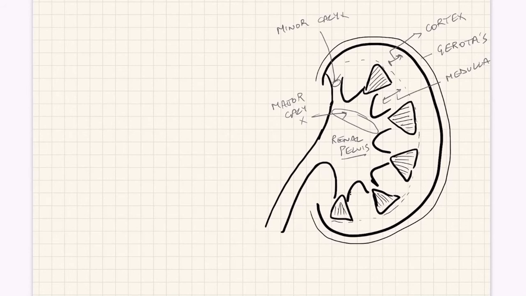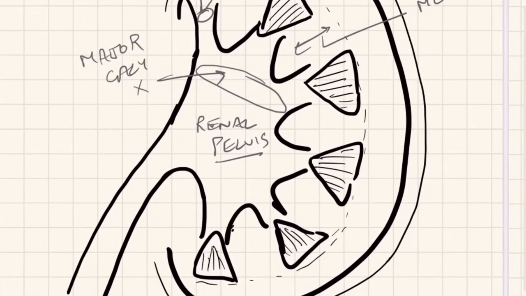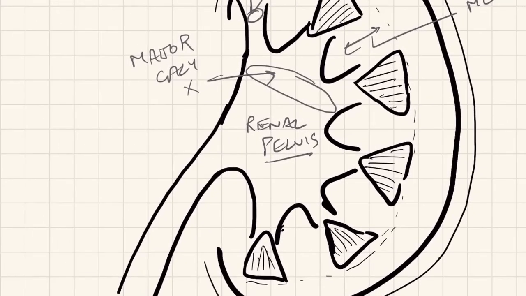Now one thing more, if I zoom in, I'm going to give you a rough idea where the nephrons are situated. The nephrons are the basic functional unit of the kidneys.